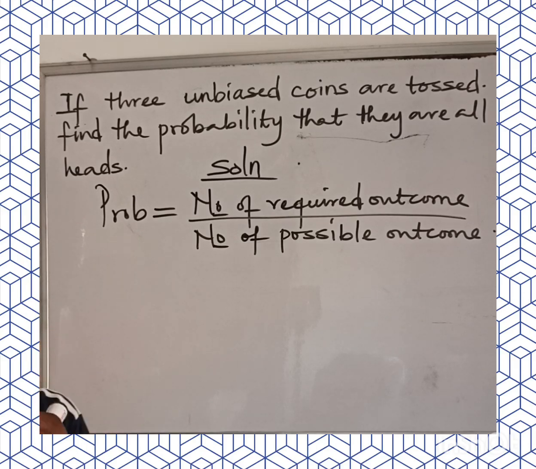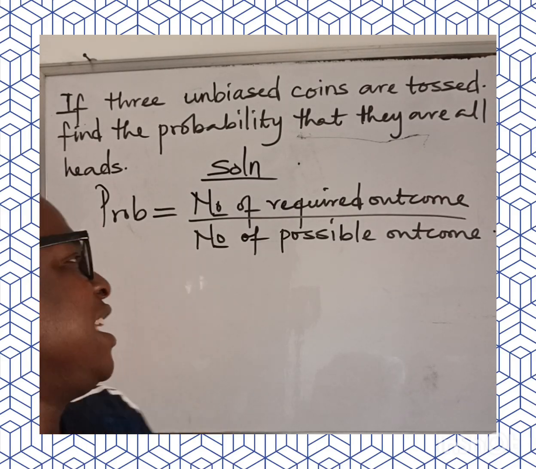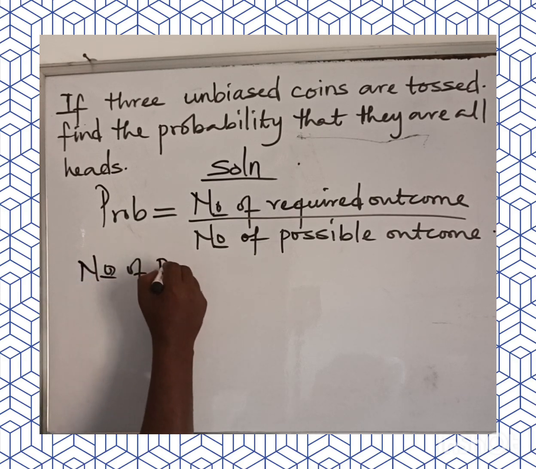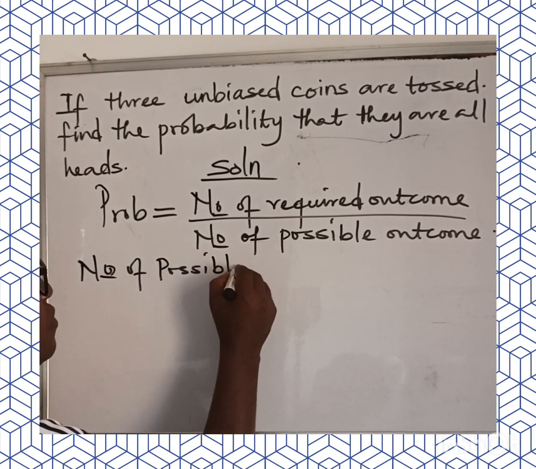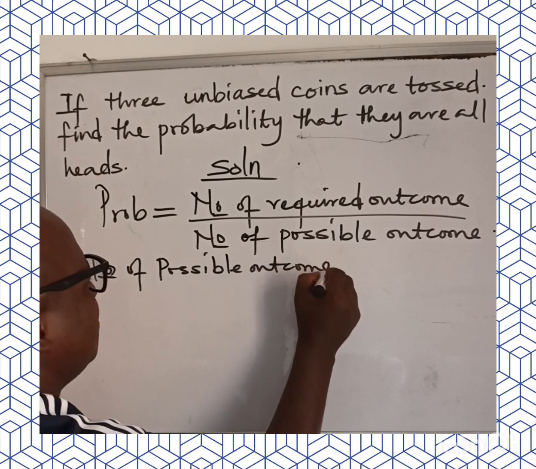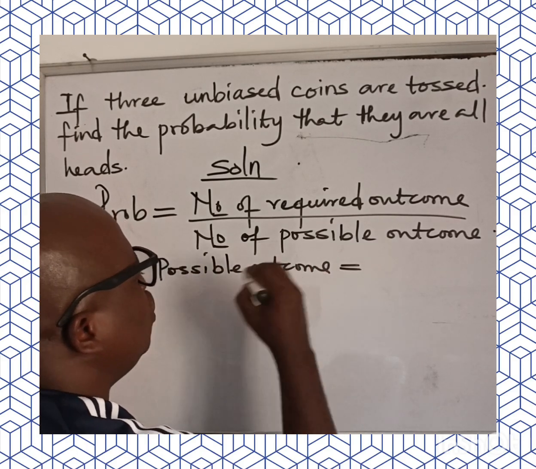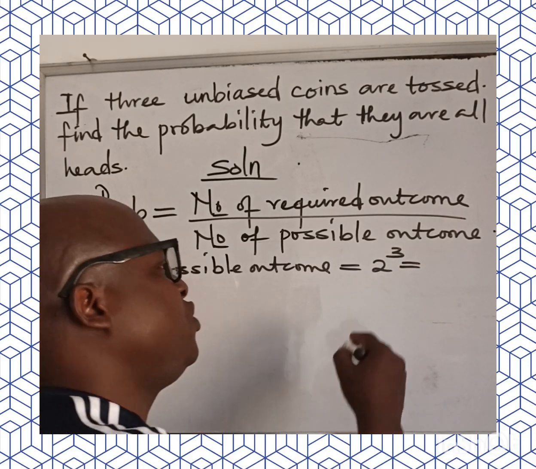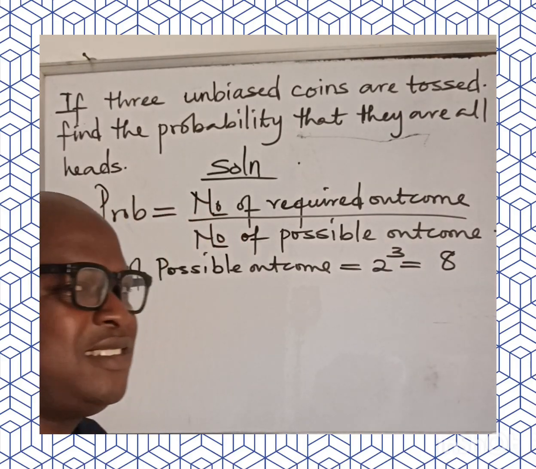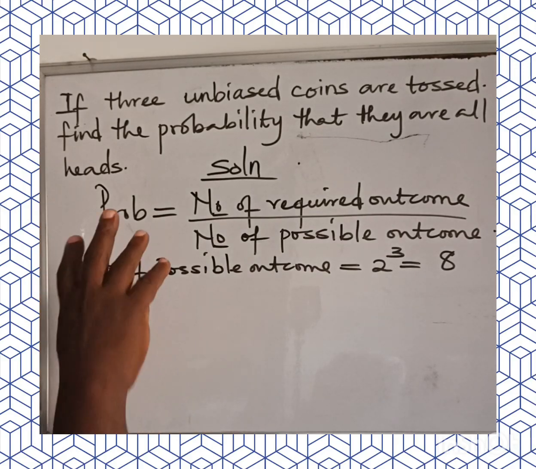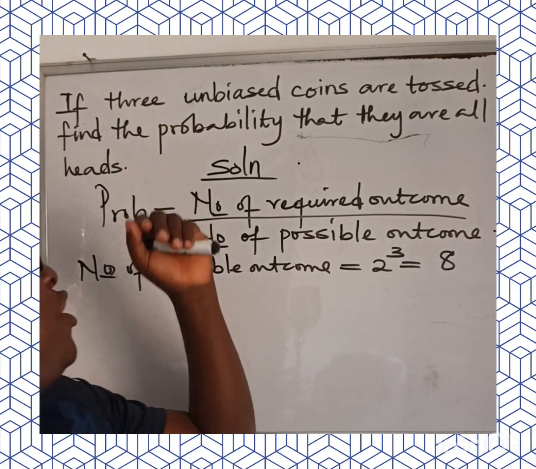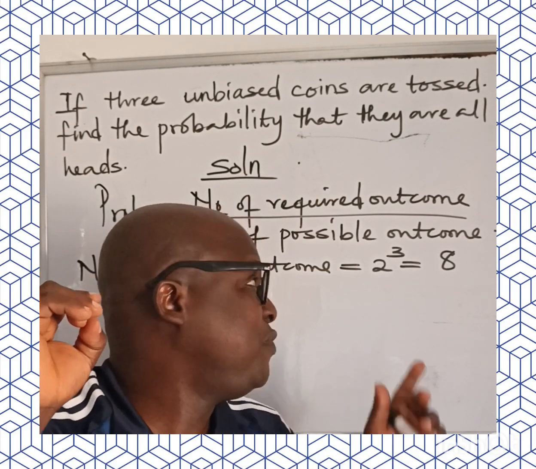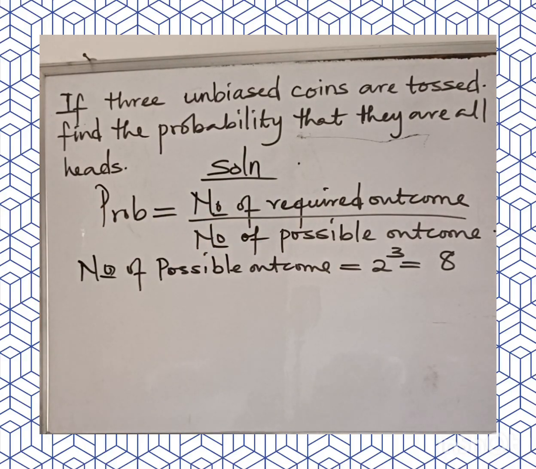Since a coin has two sides, that means our number of possible outcomes will be equal to 2 raised to power 3, which is 2 times 2 times 2, and that will give us 8. That means the total number of outcomes when the three unbiased coins are tossed will be 8. Let's try and list them.